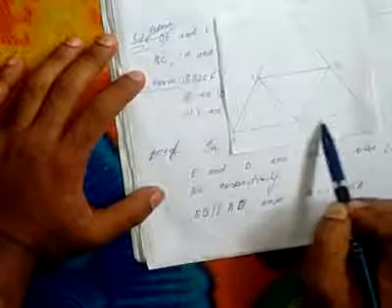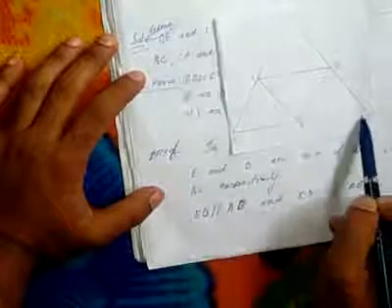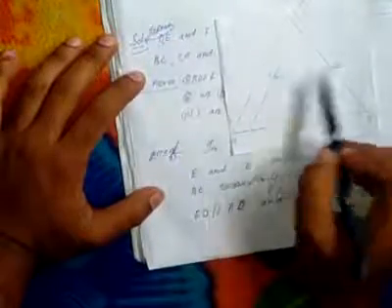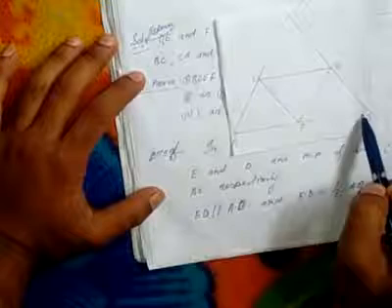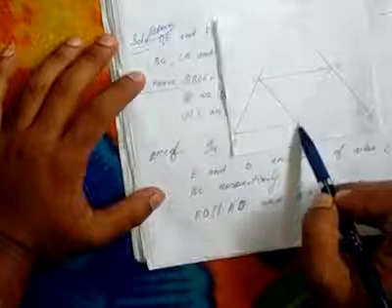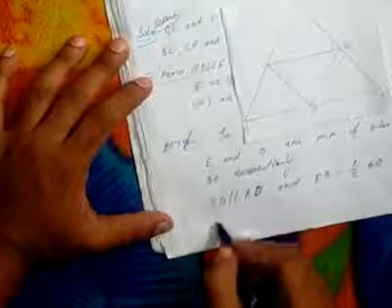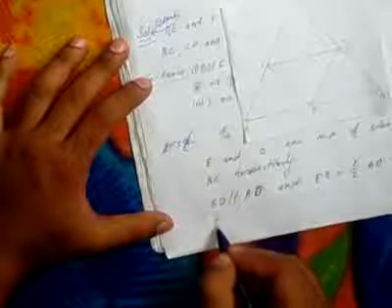We will consider FB, because we have to prove that BDEF is a parallelogram. So if ED is parallel to AB, then ED is also parallel to FB. So we can write ED parallel to FB.